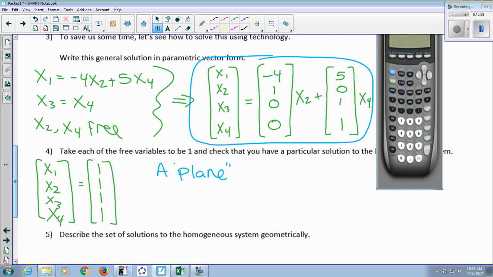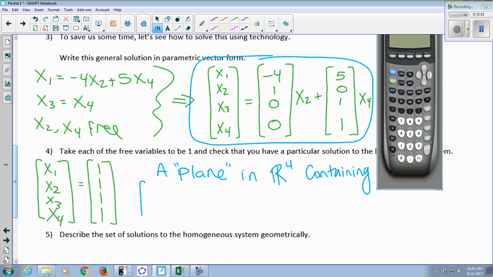So we're going to say that this is a plane, and I'm going to put it in quotes because it's not necessarily a two-dimensional thing, but it's a plane in R4. It's going to contain these two vectors and the 0 vector. Because it's all the linear combinations of those two vectors, and that will definitely contain the 0 vector, because if you take x2 and x4 to be 0, you get the 0 vector as one of the linear combinations.